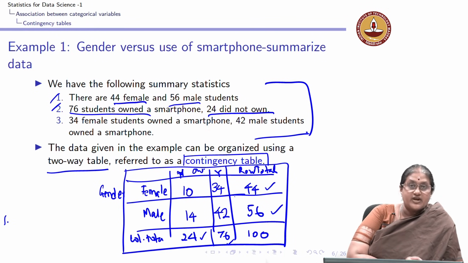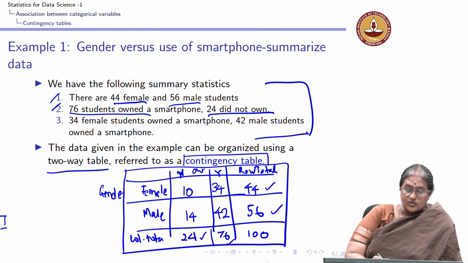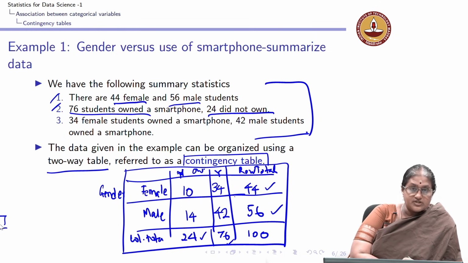In this case, the first variable is gender and it has two values, female and male. Suppose this variable takes m values: level 1, level 2, up to level m of the first variable go into my rows.